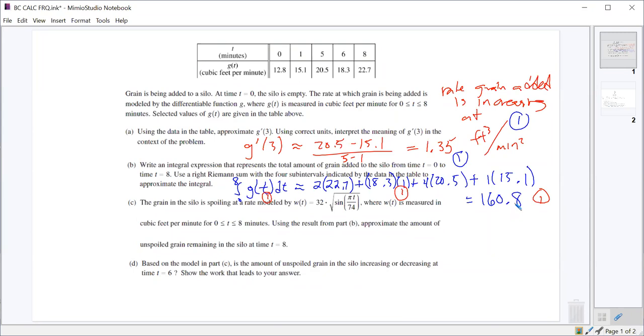All right, part C. The grain is spoiling at this rate. It seems like that grain spoils really quickly when you put it in the silo. It just seems absurd that within minutes, the grain is spoiling once you put it in the silo.